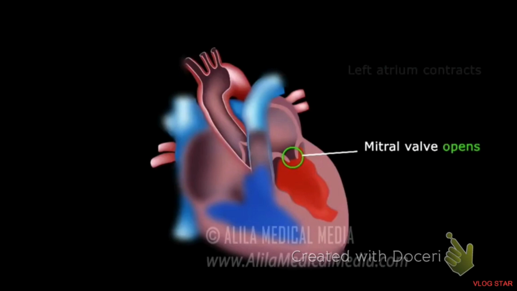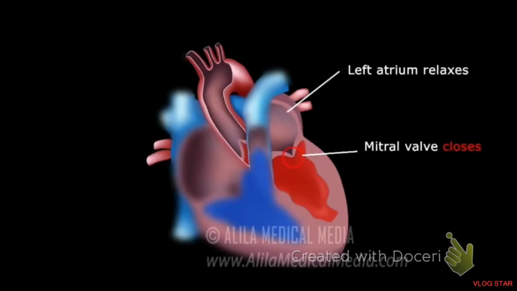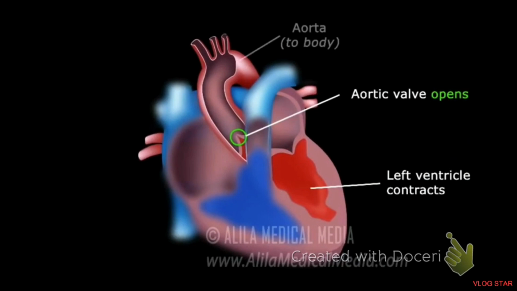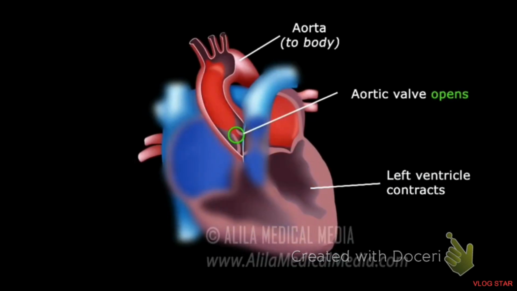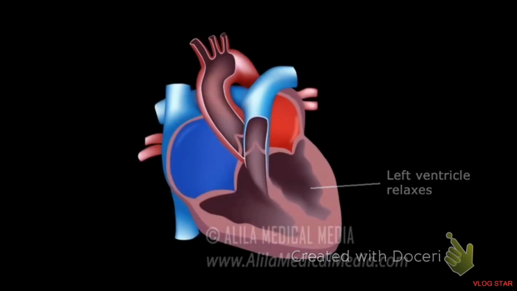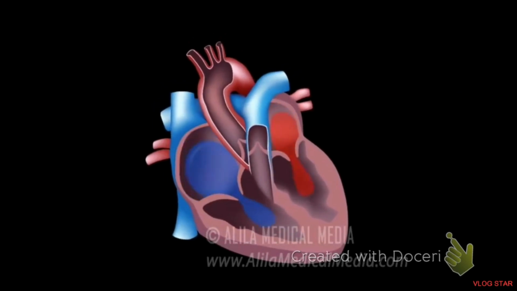As the left ventricle is full, the aortic valve quickly closes to prevent blood from flowing back to the heart. Meanwhile, the atria have filled with blood, and the cycle repeats itself.